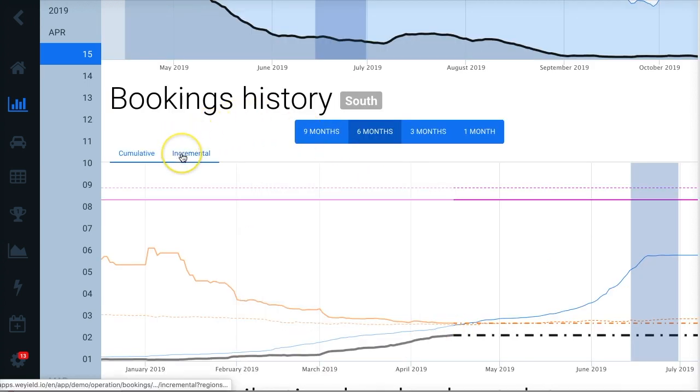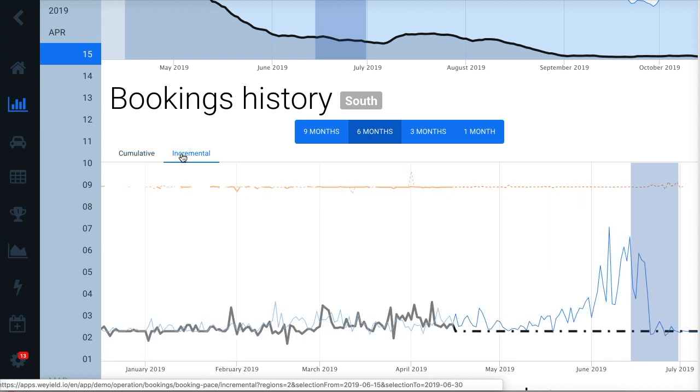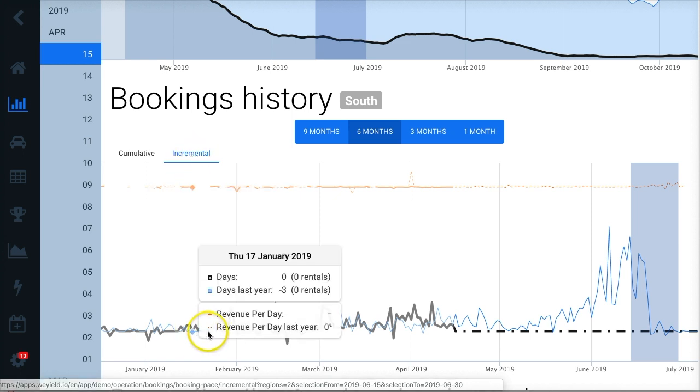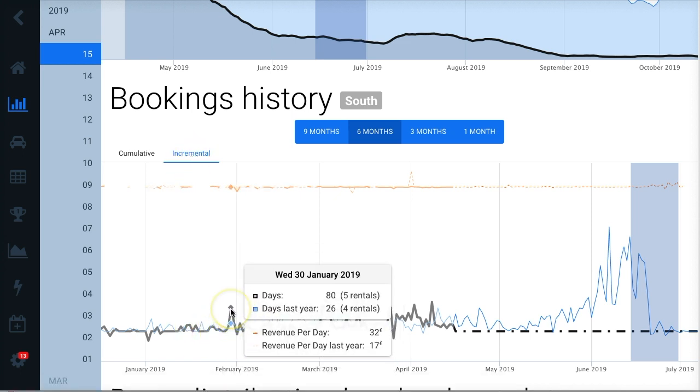We can also look at the way the reservation has been taken. If we click on incremental, now we can see how the reservation has been taken over time, meaning how many reservations did we take on the 30th of January for the period we are looking at, which is the end of June this year.